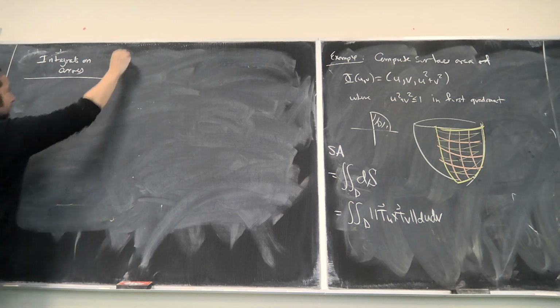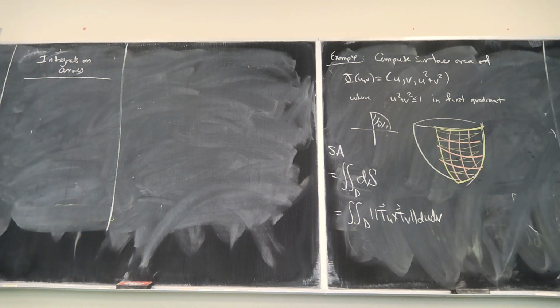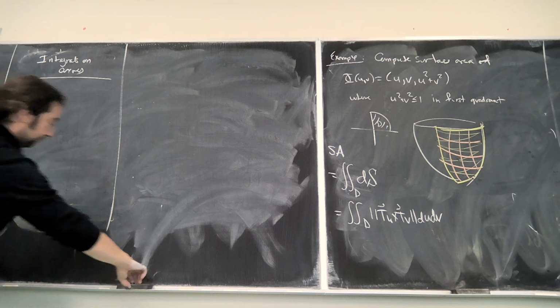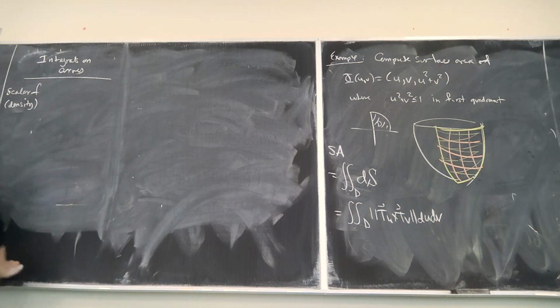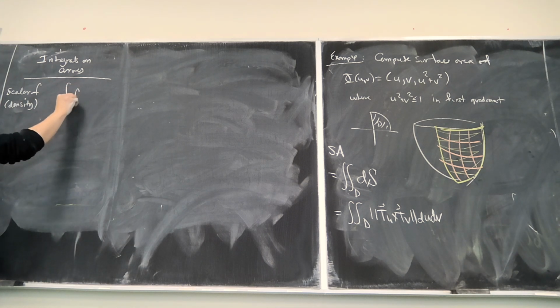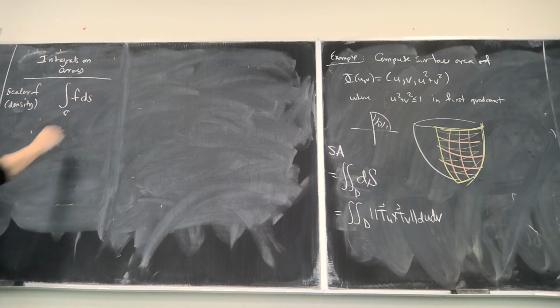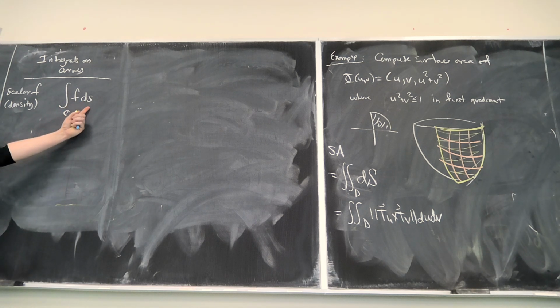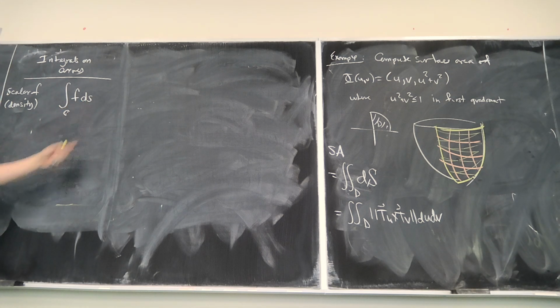We had the following two cases. We had a scalar function f, which we could think of as being a density, and we set up the path integral of f. If I integrate over a curve C the scalar function f times d little s, I'm thinking of this as density times length, so that mass comes out.